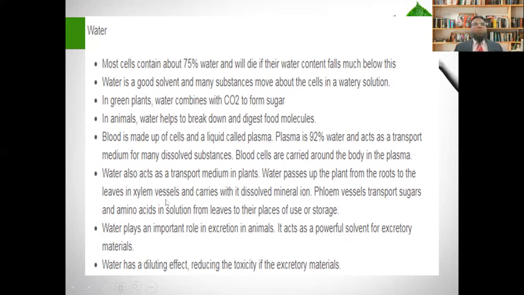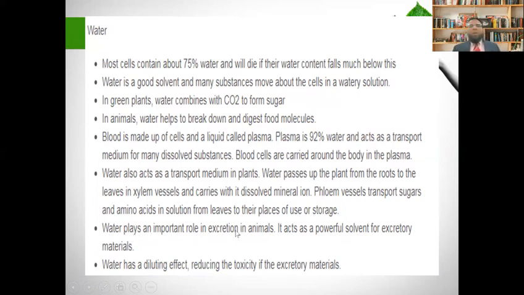So water performs so many jobs. Water also acts as a transport medium in plants. Water passes up the plant from the roots to the leaves in xylem vessels and carries dissolved mineral ions. Phloem vessels transport sugars and amino acids in solution from leaves to places of use or storage.